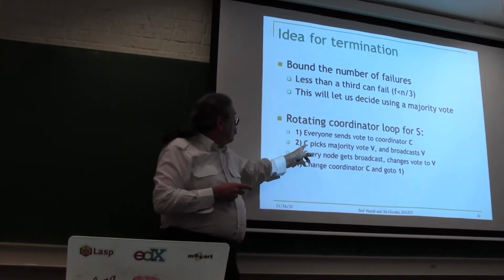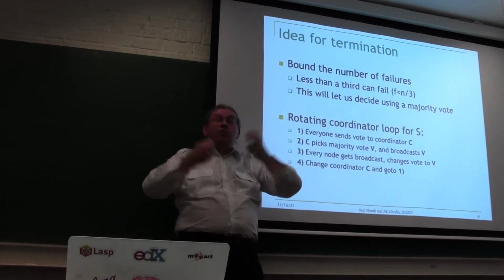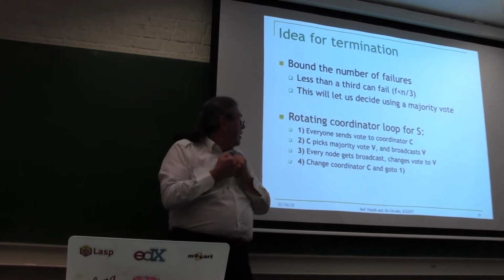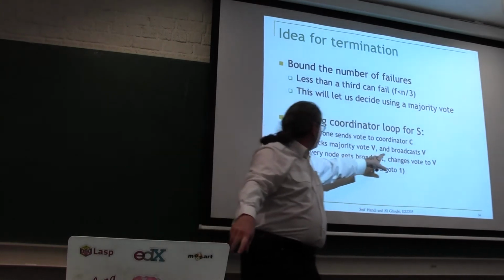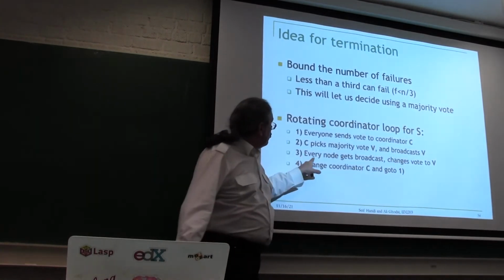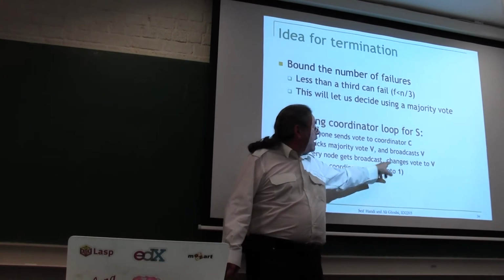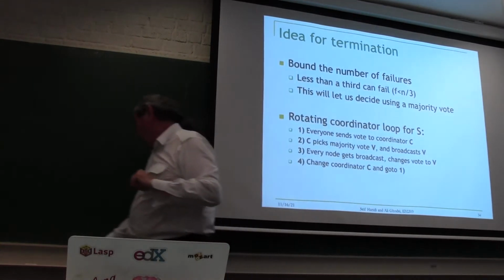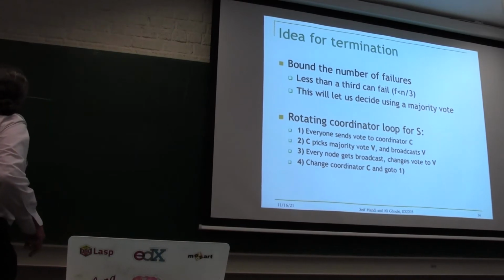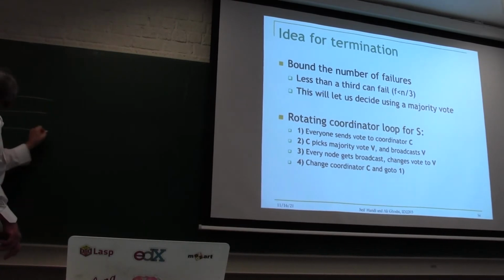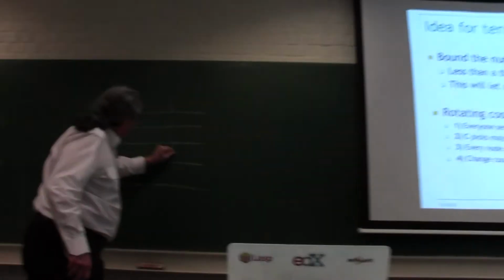The coordinator receives from all the nodes, picks the majority, and broadcasts that majority. Every node will receive what's been broadcast and changes its vote. So we'll make a picture now of what happens during one round, because that's super important that you get it.